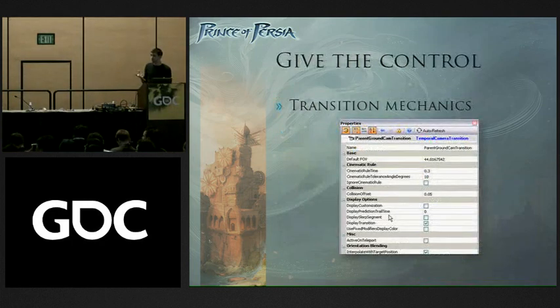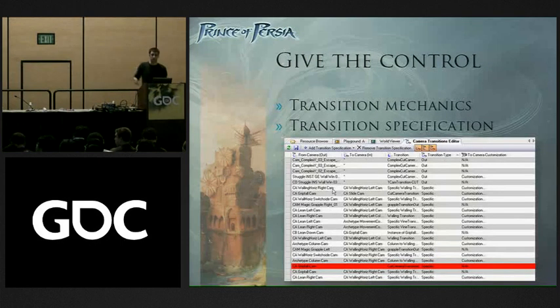So the key for us was to give the control to the artist. Give them control over the mechanics with all those parameters that I explained, and also over when to use those mechanics. For example, when you activate one camera, you want to use a transition that is going to last for 1 second.